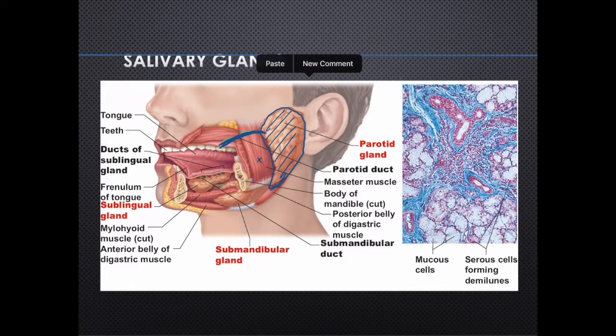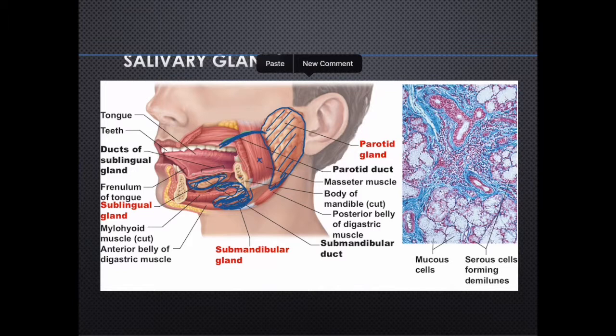Also, you see on here, just below the tongue, we're going to have the sublingual salivary gland, and located underneath the floor of the mouth, we're going to have another type of salivary glands. This is going to be my submandibular gland.